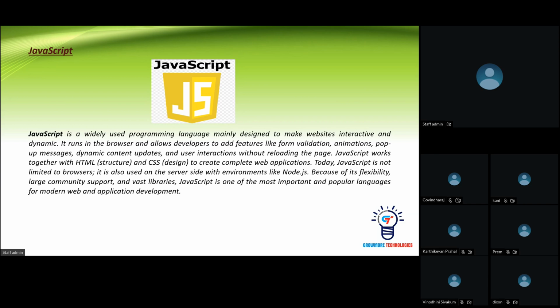JavaScript works together with HTML and CSS to create the complete web application. Today, JavaScript is not limited to the browser. It is also used on the server side with environments like Node.js because of its flexibility, large community support, and vast libraries. It is one of the most important and popular languages for modern web and application development.